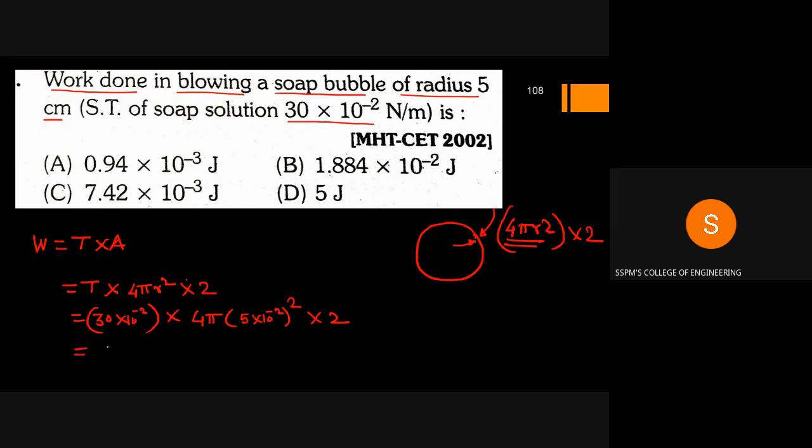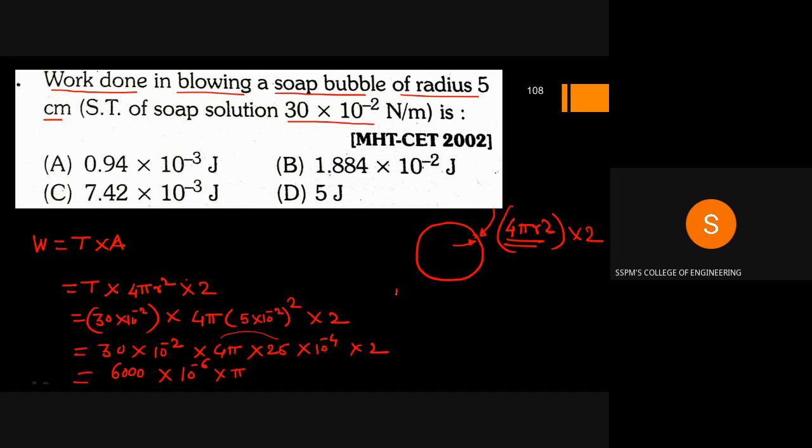So this is equal to 30 into 10 to the power minus 2 into 4 pi. 5 square is 25, and 10 to the power minus 2 squared is minus 4, into 2. So 25 into 4 is 100, into 2 is 200, into 30 is 6,000, and the powers: minus 2, minus 4, gives minus 6, into pi.